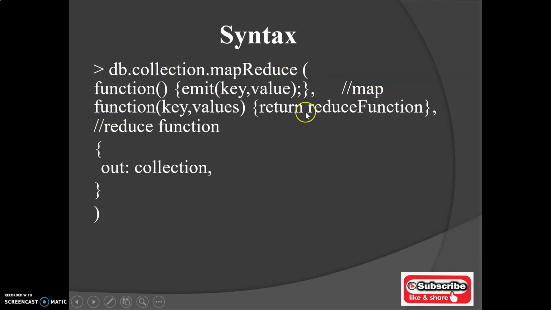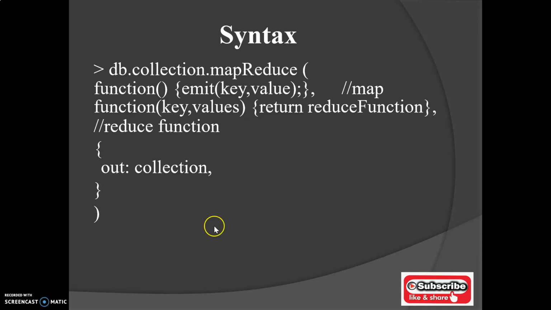And the second one is reduce function, in which function key comma values which will return aggregated result. Here it will produce or it will make a group of same keys. So if in a document we have 10 collections, and in that collection if two collections are having same key, then with the same key one group will be created, one group will be produced.